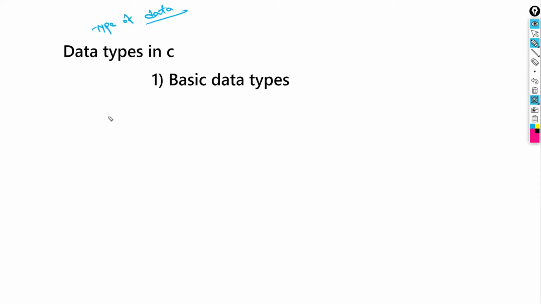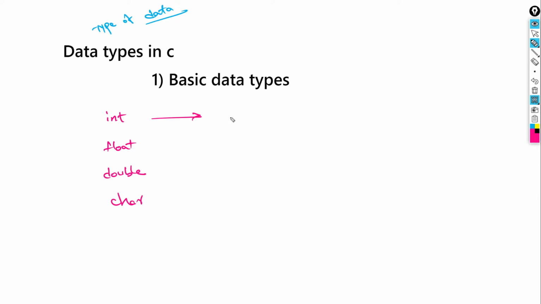Basic data types: integer is the first, float, double, char. If you want to print any of these data, you need a format specifier.